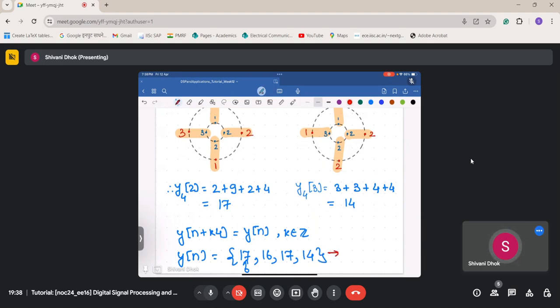So this is the 4-point circular convolution of x of n. Is it clear? Any questions?